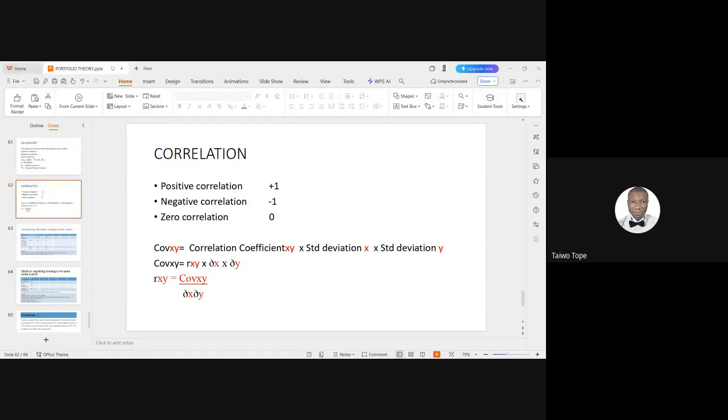The correlation of stock X and Y multiplied by the standard deviation of stock X multiplied by the standard deviation of Y. So covariance of X and Y equals correlation times standard deviation of X multiplied by standard deviation of Y.